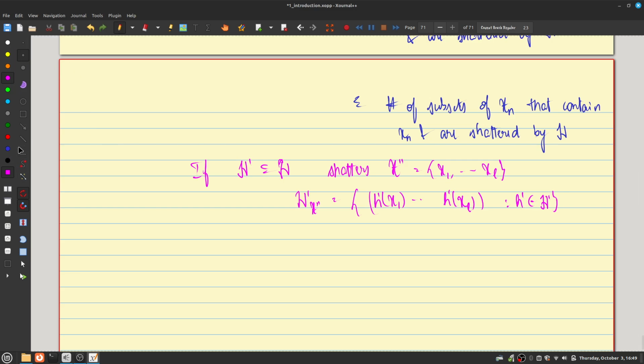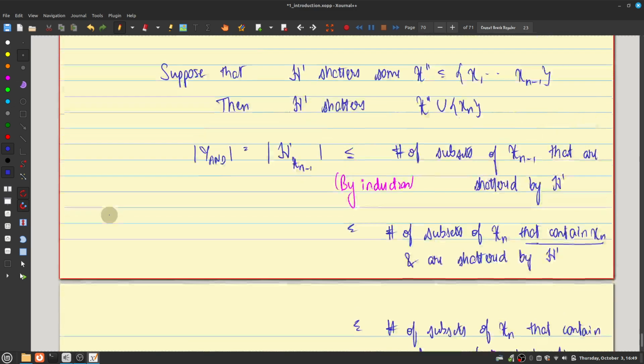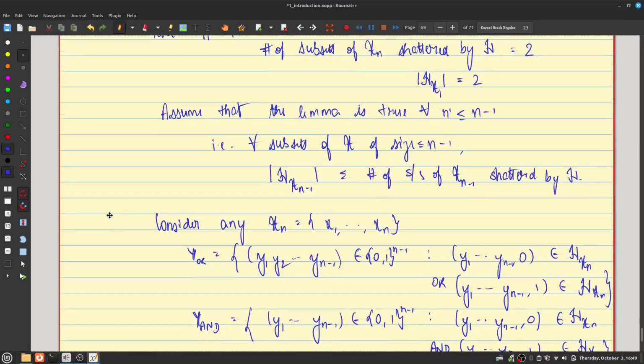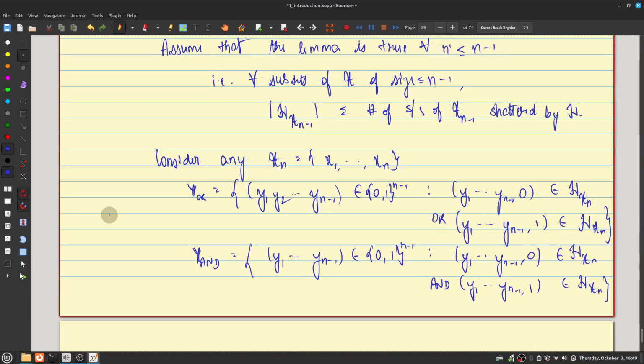Now let us look at Y or. It's the set of all vectors that can be generated by appending either a 0 or a 1 to, and it still lies in Hx. Right?